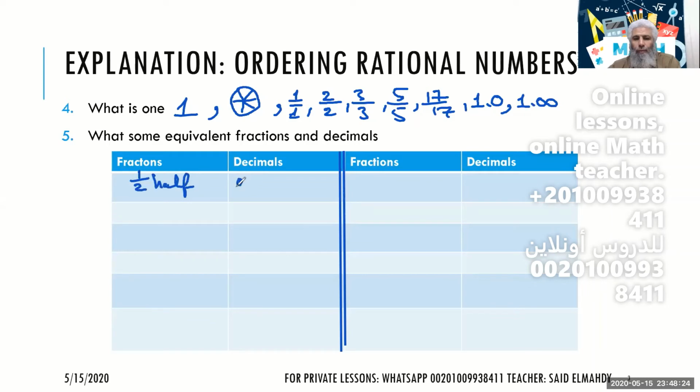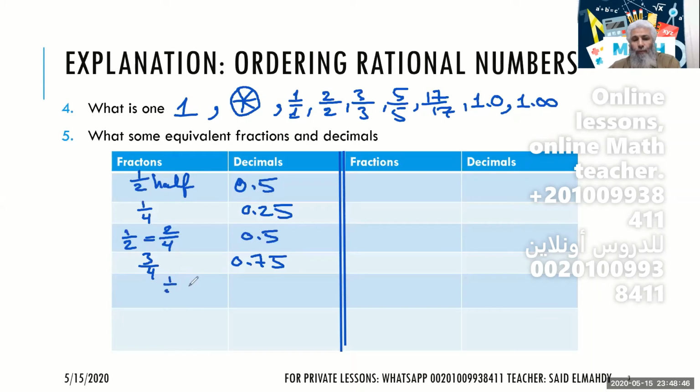In decimal form, it is 0.5. 1 over 4, its decimal equivalent is 0.25. 2 over 4, it is equal to 1 over 2, and this is 0.5. 3 over 4, this is 0.75, and so on.